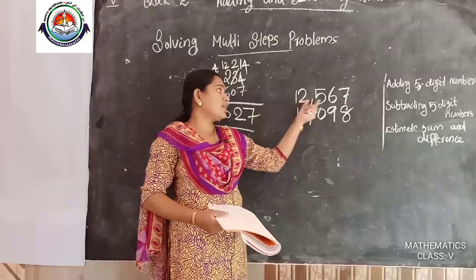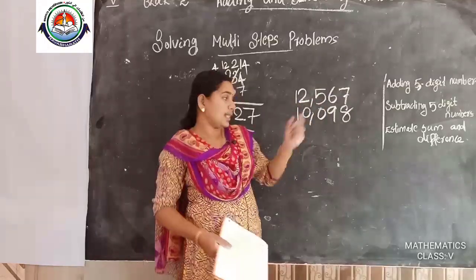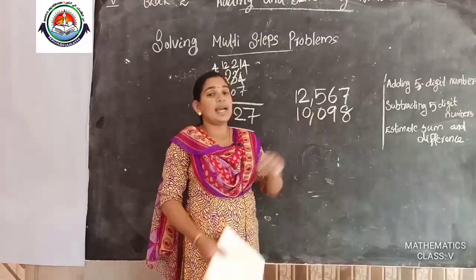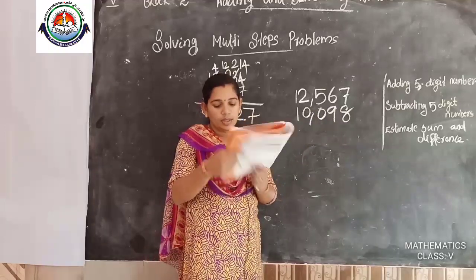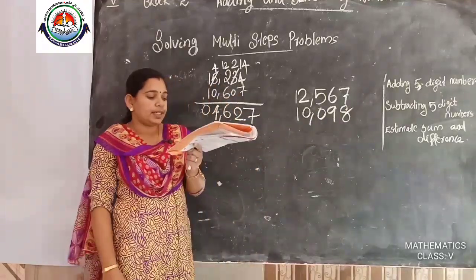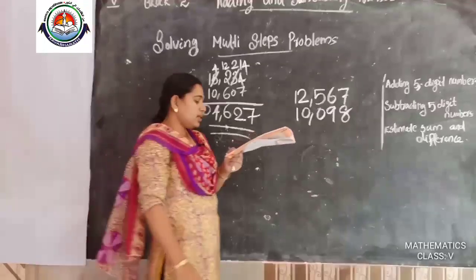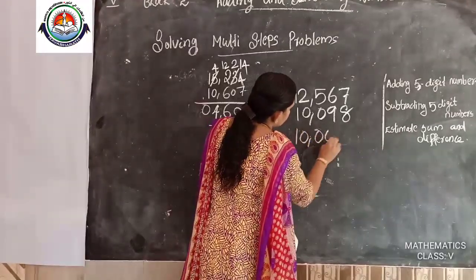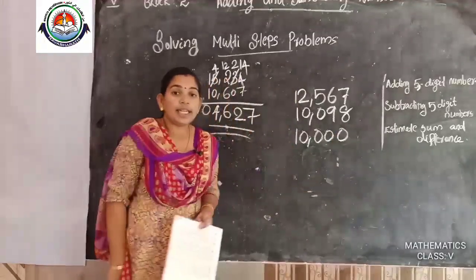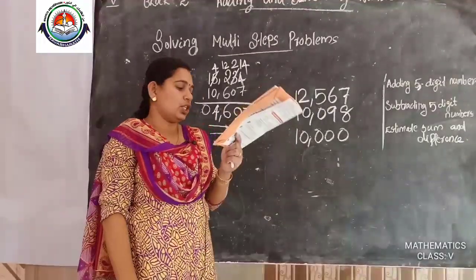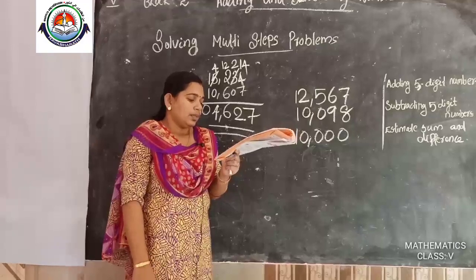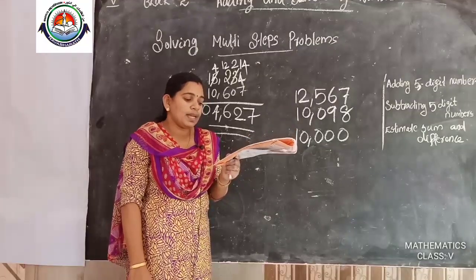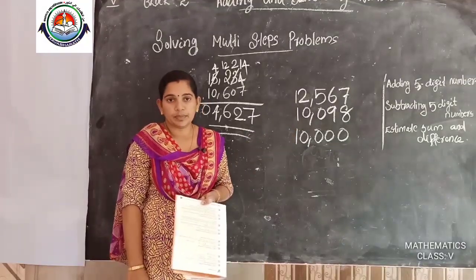One side is 12,567, the second side is 10,098. If 10,000 seats are vacant, altogether how many seats are occupied?